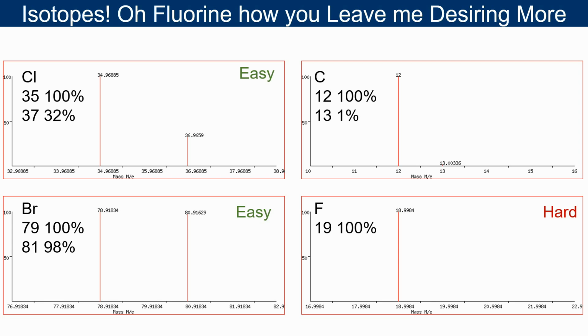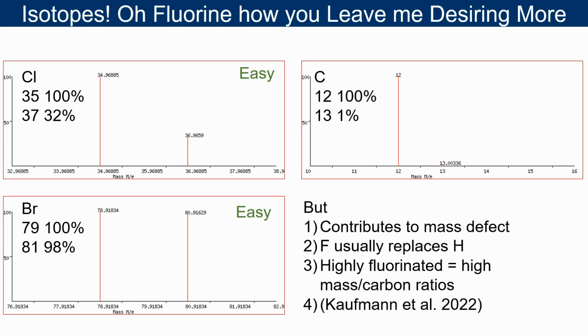But what about fluorine? Fluorine, as we mentioned 2 videos ago, has no isotope. The only isotope is the main one, 18.9984. There's no N+1, no N+2, and that makes it very difficult to use isotopic pattern to determine a PFAS species, but not impossible.